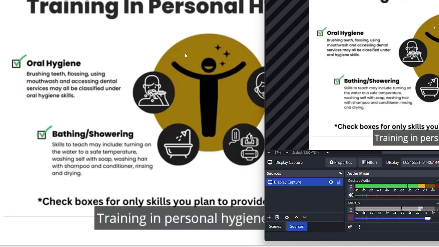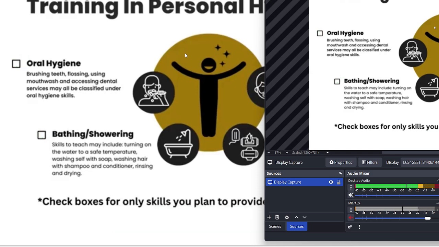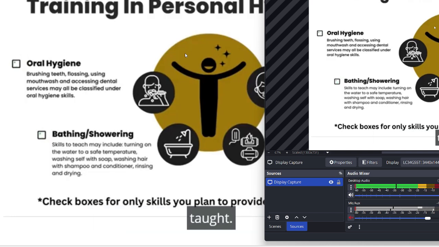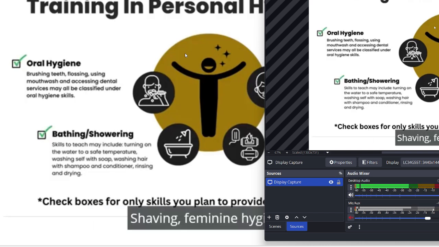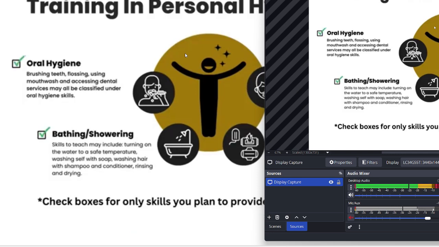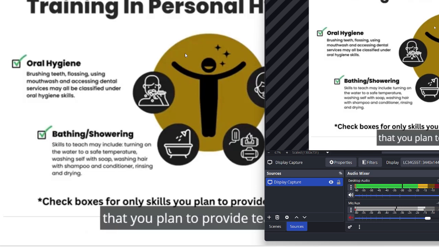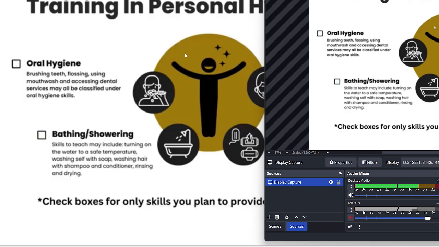Training in personal hygiene may also include bathing and showering, which also include a number of skills to be taught. Shaving, feminine hygiene. What you are going to do in your program design is check the boxes for only the skills that you plan to provide teaching or training for.